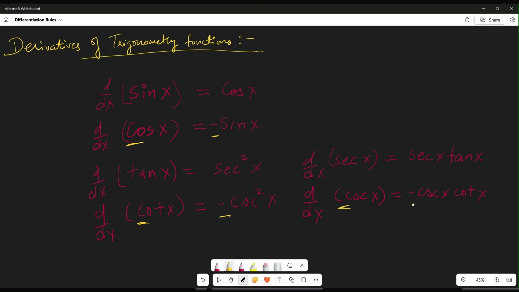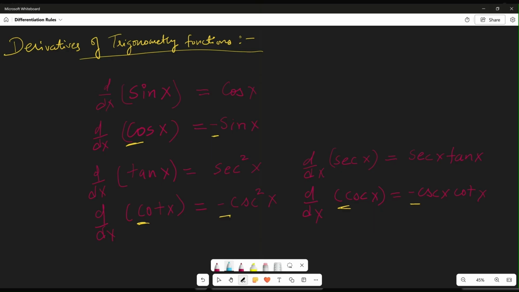Cosecant, it's negative. So there's a total of 6 functions, right? 3 of them are positive and the other 3 are negative, and the negatives are only with the co pronunciation: cos, cot, and cosecant.